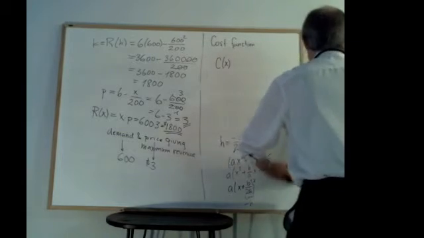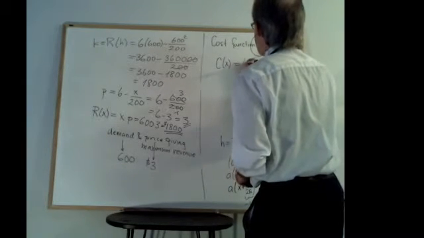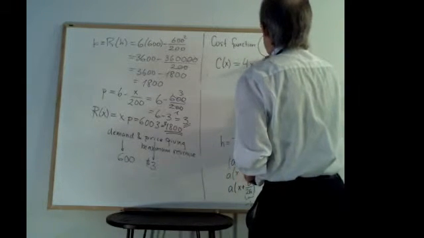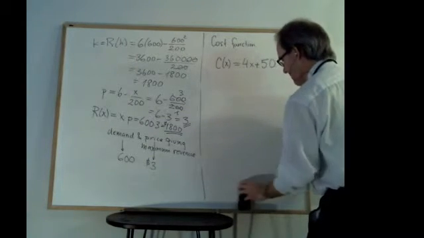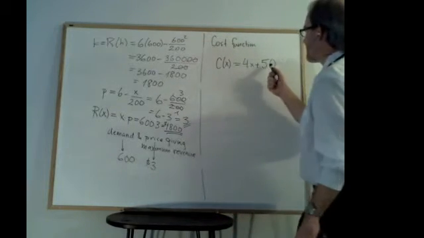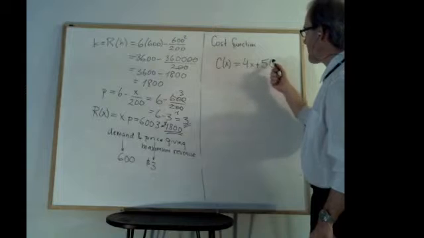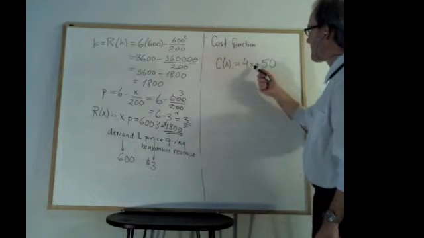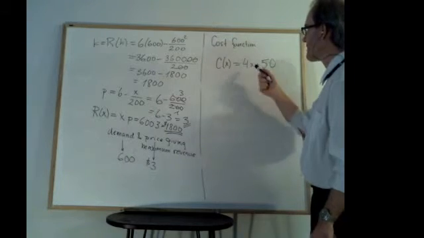C of x is what here? It's equal to, given as 4x plus 50. Again, this is in dollars. This revenue is in dollars. So what this means is that we have this constant value here, and we have a varying factor here, or a linear factor.